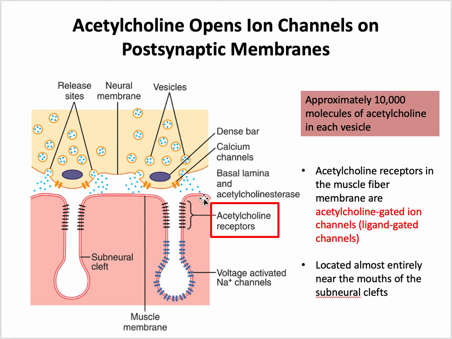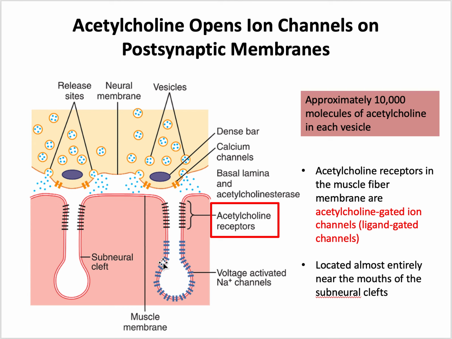The only thing I really wanted to highlight here that wasn't shown in the previous images is that in those invaginations of the sarcolemma, the acetylcholine receptors are located near the surface, kind of the neck of these invaginations. That makes sense, so that as soon as acetylcholine is released into that synapse, it can very quickly diffuse across that synaptic cleft and bind to these receptors.